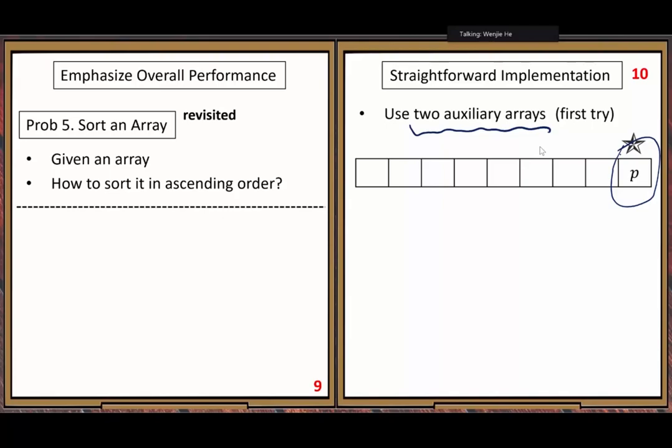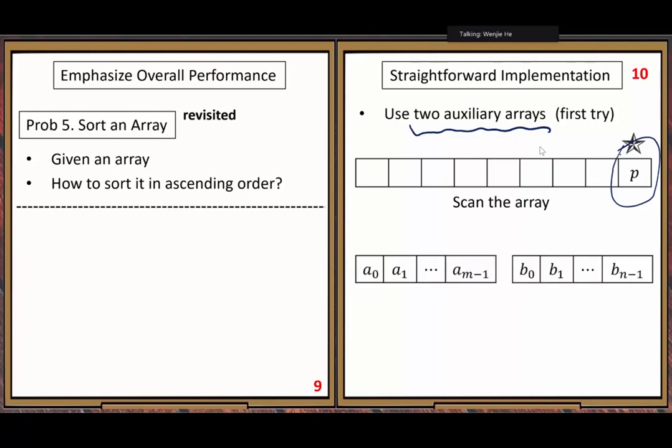Then we need to work on the remaining elements other than P. We scan the array from left to right. Every time we get a new element in our processing, we compare it with P. Based on the comparison result, we determine the A subarray and the B subarray.